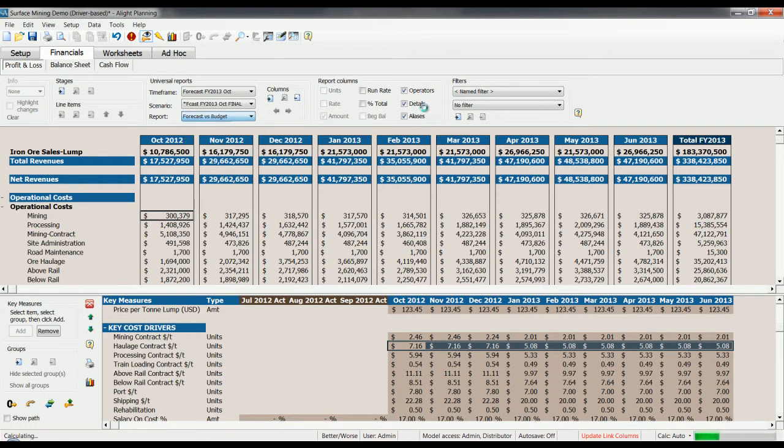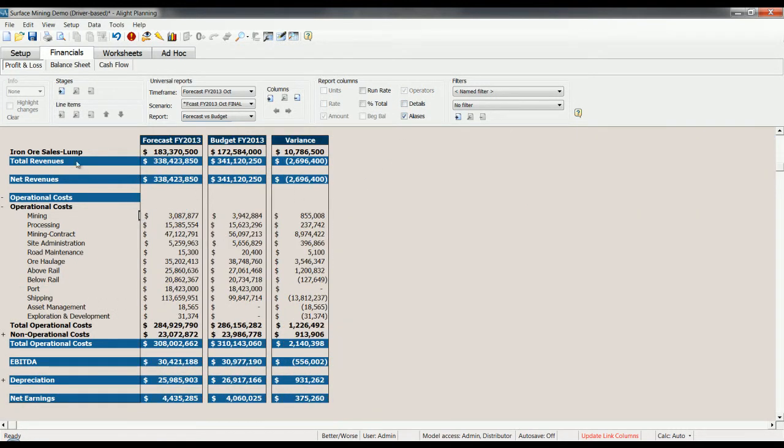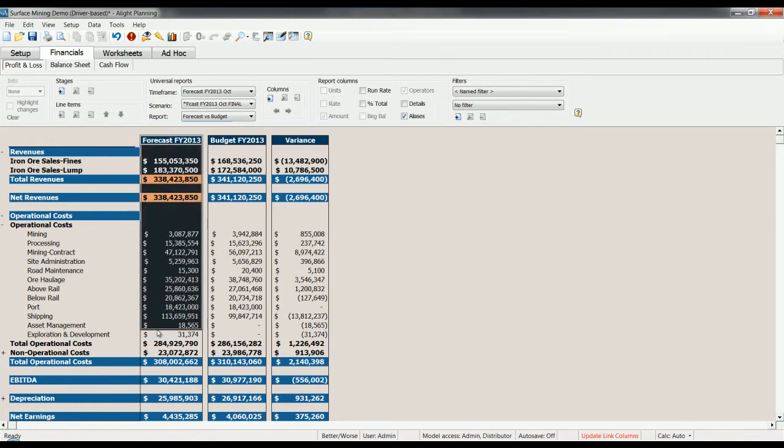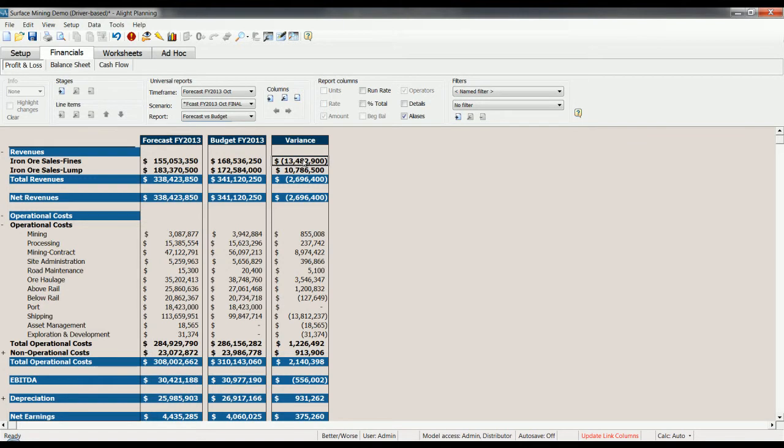In this report, I'm going to hide the monthly detail and I'm going to hide our key measures. Here I can see in this column I've got my forecast for FY 2013. In this column I have my budget for the same year. Here I've got my variance, and I can see my variance at all levels of the P&L.